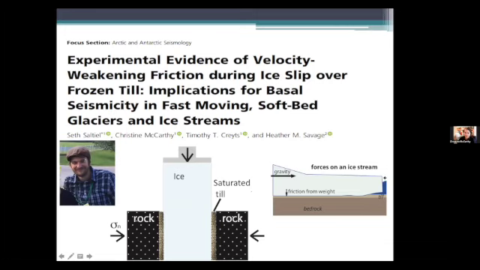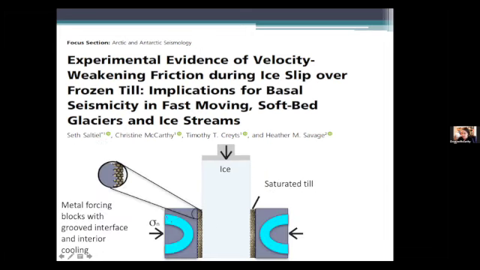So Seth Saltiel came and did a postdoc, one of the postdoc fellows at Lamont, and he did a really nice study of ice on till in between the rock. Because he wanted to carefully control temperature, he used metal blocks with water going through them to carefully control the temperature very near the interface. But zooming in, the metal had teeth.